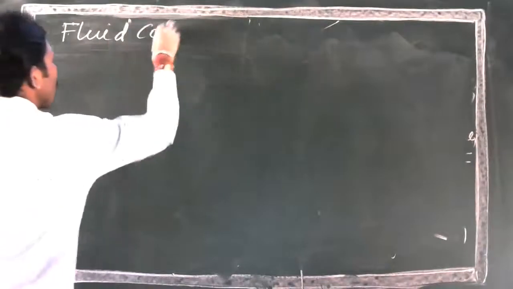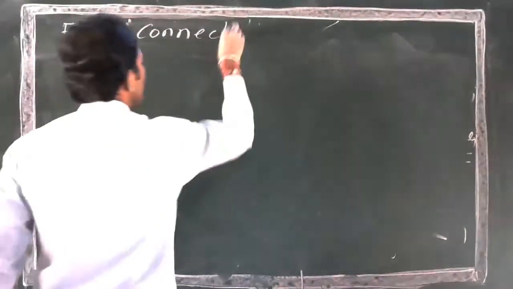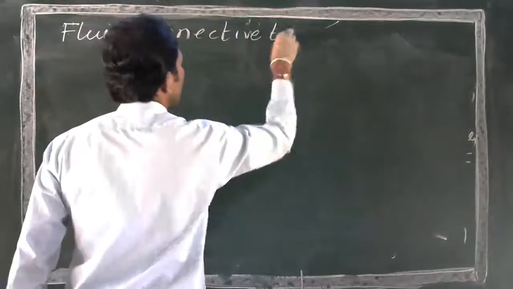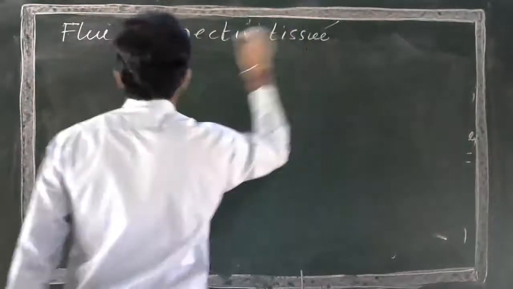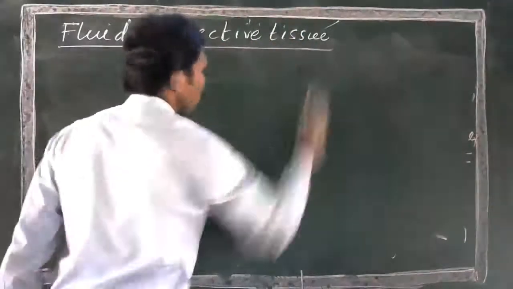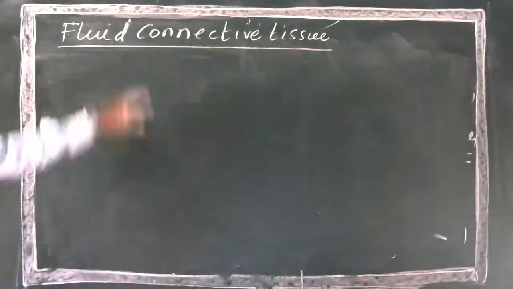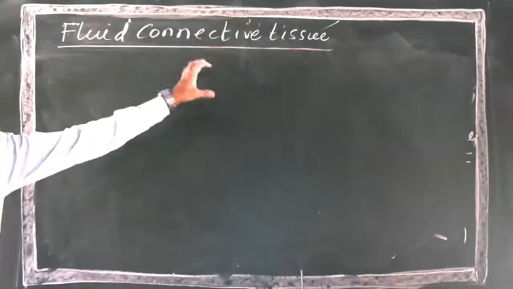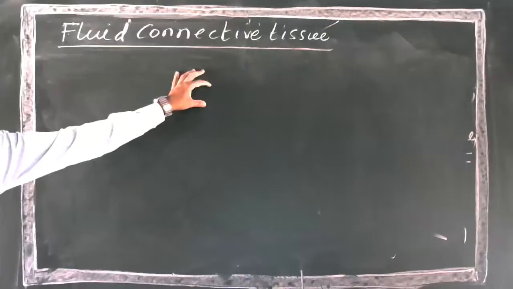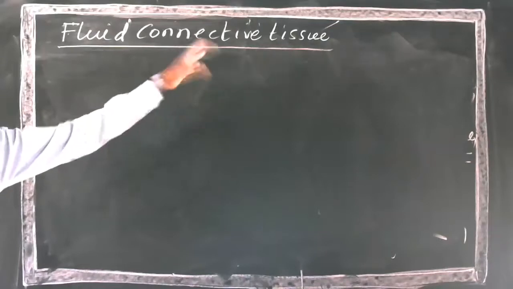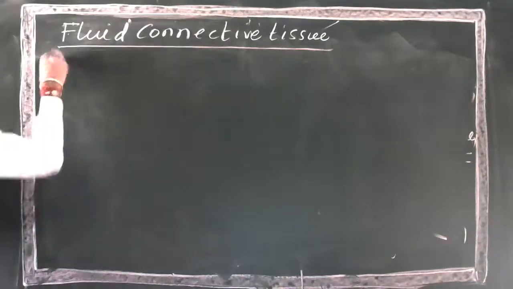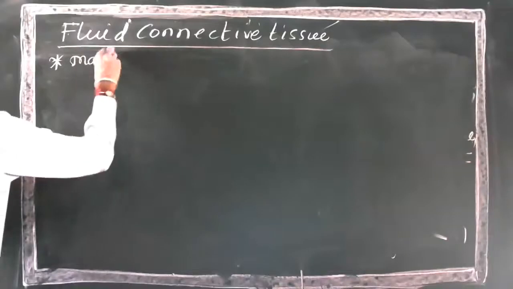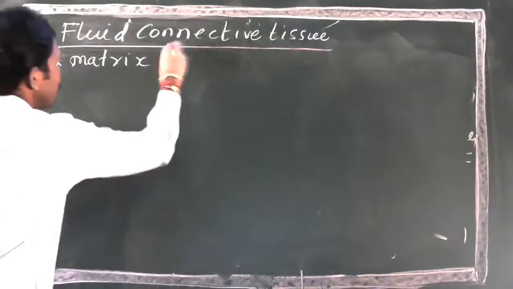Fluid connective tissue. It's a type of connective tissue in which the matrix is liquid here. Matrix is liquid.